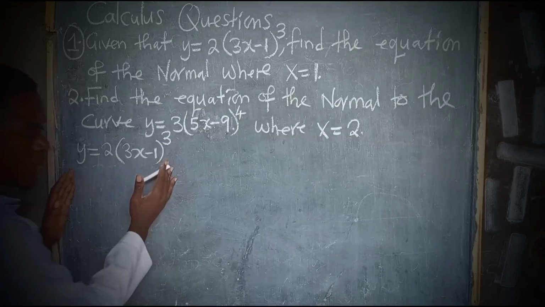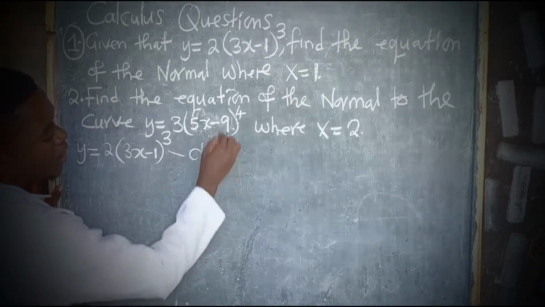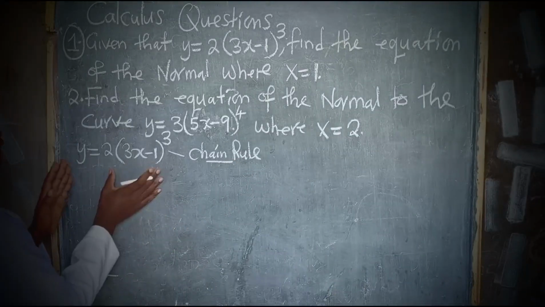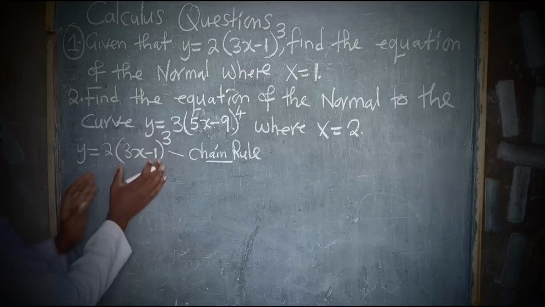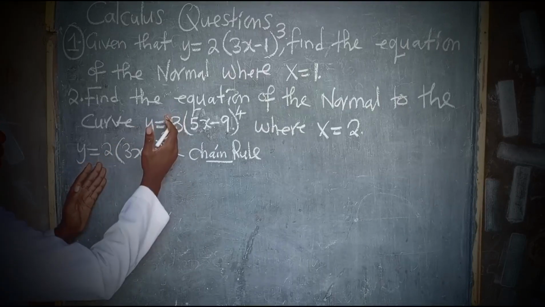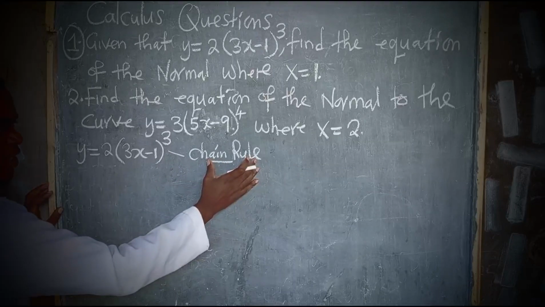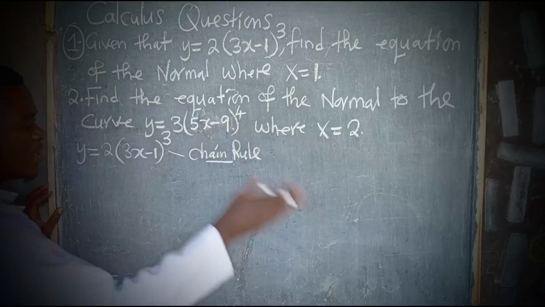What I'm using here is called the chain rule. The method that I'm using to differentiate here is the chain rule. Whenever you've got a bracket with a power, any question that looks like this, just remember the chain rule. We are using the what? The chain rule. How then do we use the chain rule?